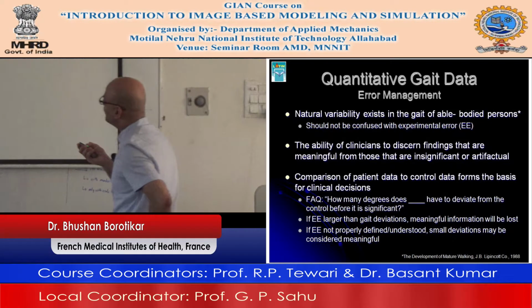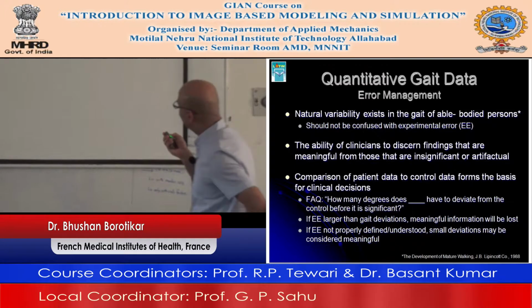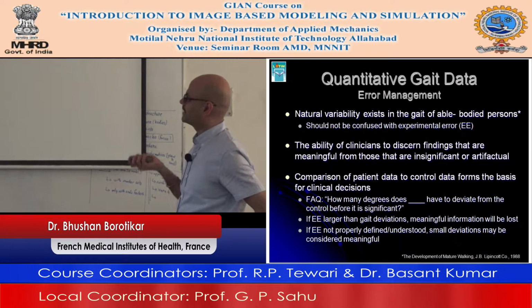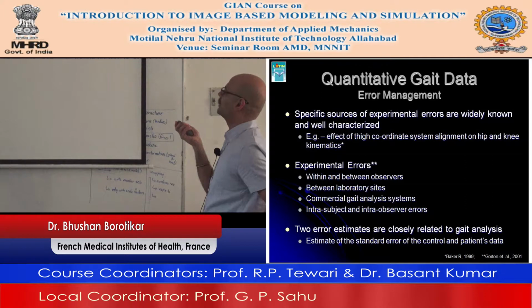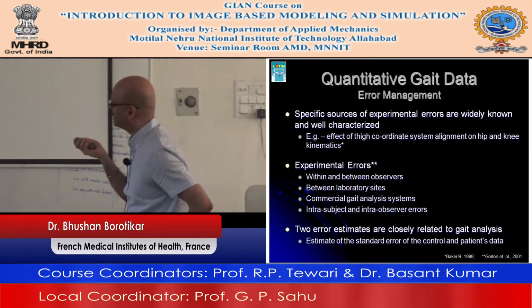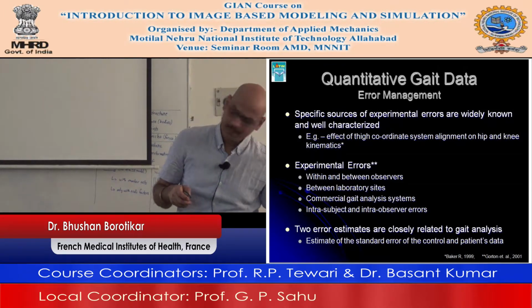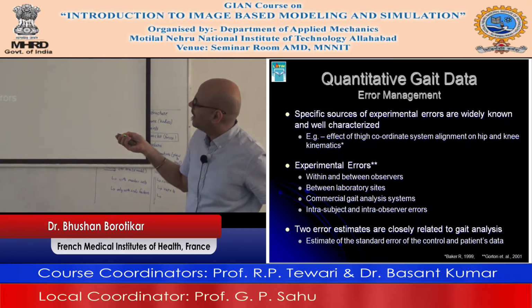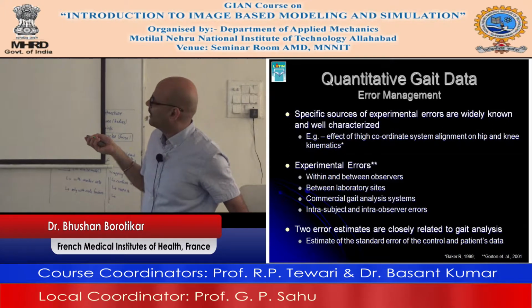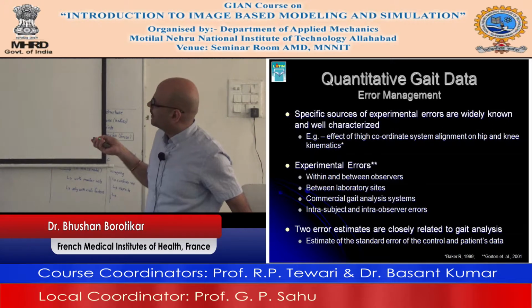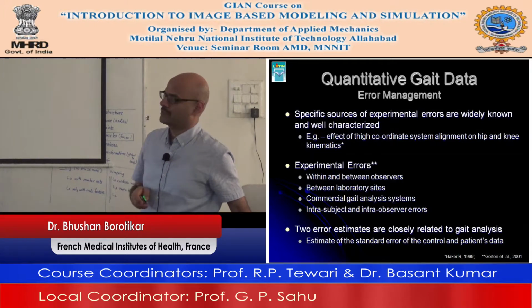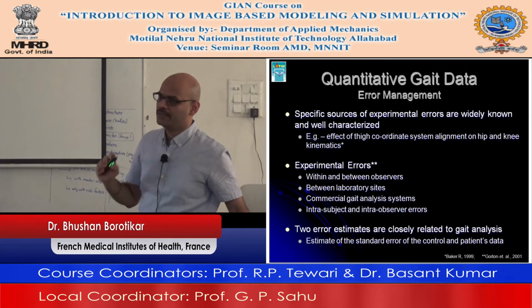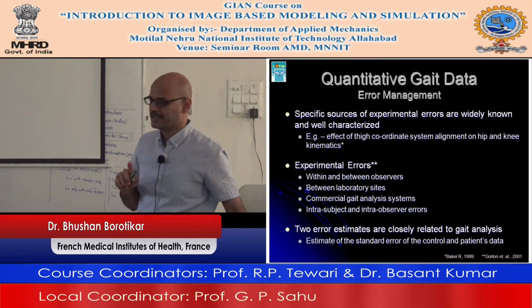So now there are specific sources of experimental errors that are widely known and well characterized. For example, effect of thigh coordinate system alignment on the hip and knee kinematics. Experimental error with observatory site, commercial system, for doing a clinical gait analysis.